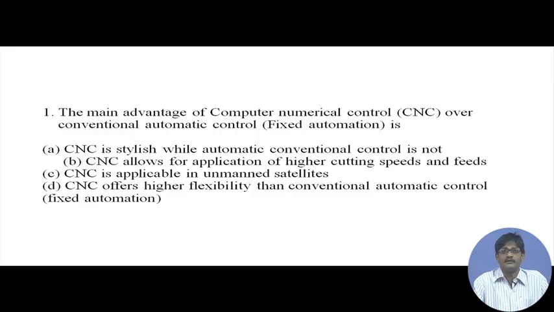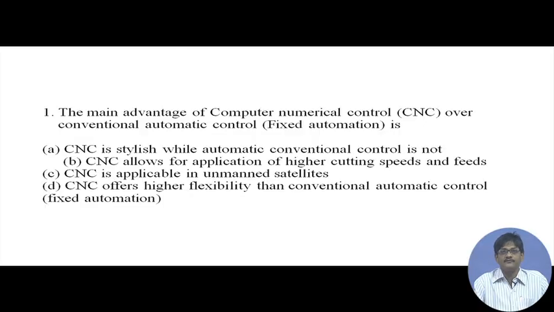So, even if there be some advantage, it is definitely not the main one. Secondly, CNC is applicable in unmanned satellites, but fixed automation might be equally applicable in unmanned satellites. So, this statement to start with might be misleading, wrong. So, the third option is also dropped.